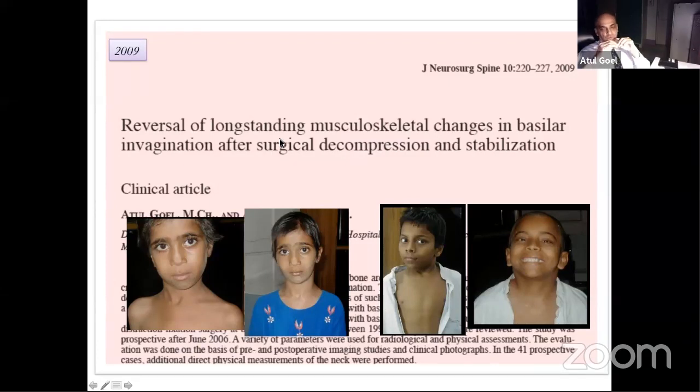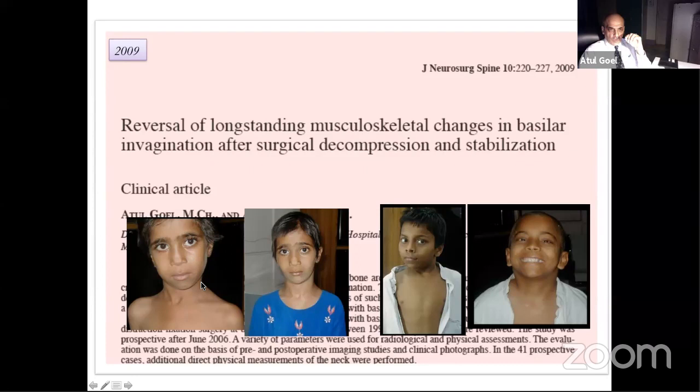Another very beautiful concept that we proposed was that short neck, torticollis, Klippel-Feil abnormality, bone fusions, C1 assimilation, C2-3 assimilation, bifid atlas, platybasia are all secondary to atlantoaxial dislocation.